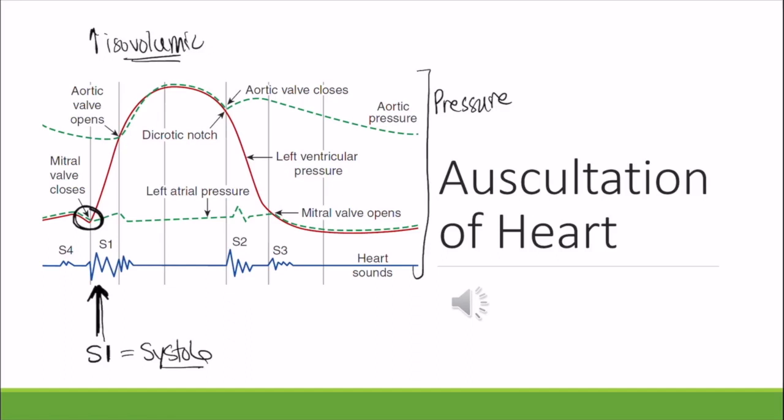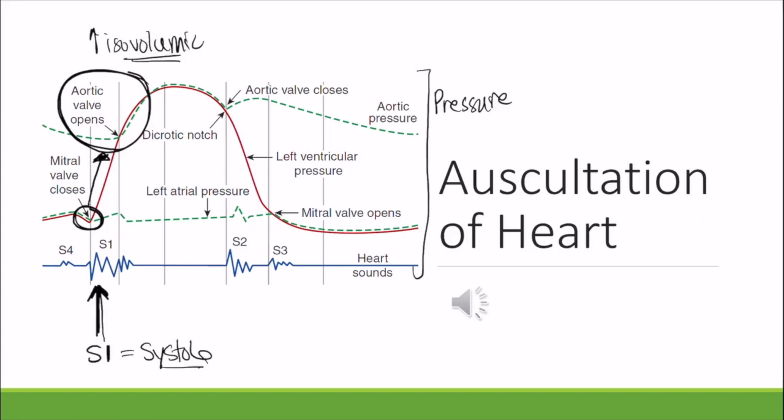All right, so your ventricle is contracting, the mitral and tricuspid valves snap shut, and the pressure continues to build until the pressure in the ventricle exceeds the pressure in the aorta. At that moment, your aortic valve opens, and now we actually get ejection of blood out of the heart.